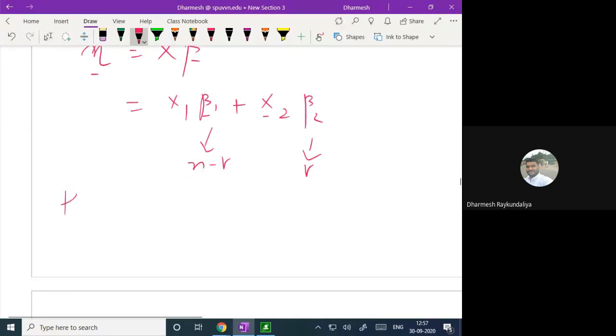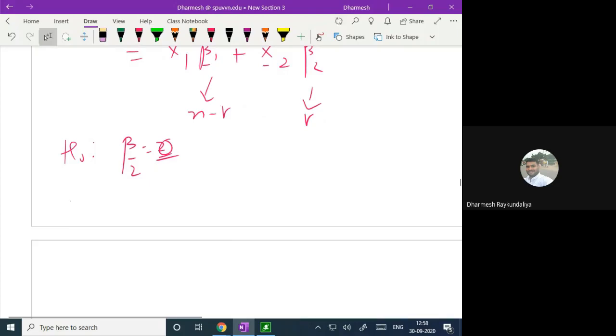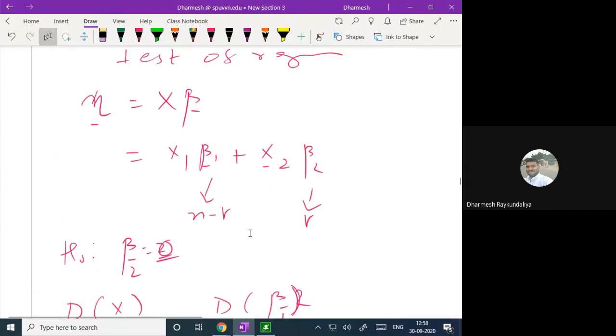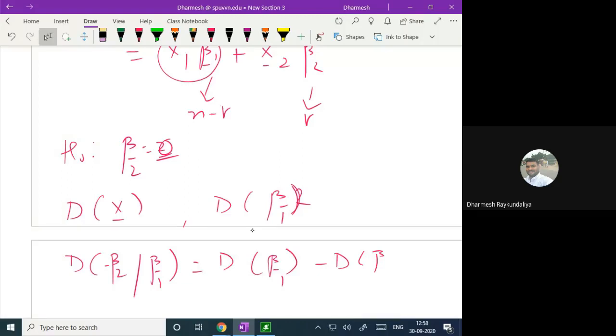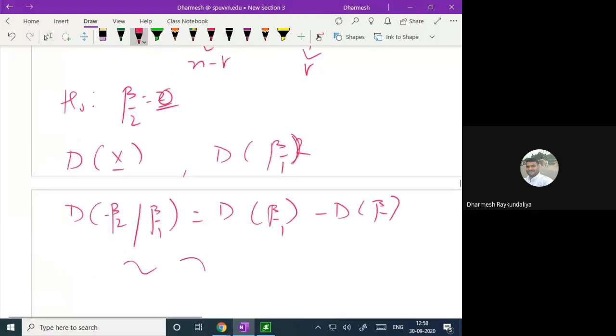If I am interested to test beta 2 equal to 0, that means there is no impact of the last r regressors. Under H naught beta 2 equal to 0, so we calculate the deviance of beta 1. Of course it has fewer parameters, so its deviance is higher than the full model. So we will calculate the deviance of beta 2 given beta 1 as the deviance of beta 1 minus the deviance of the full model, and it has a chi-square distribution with r degrees of freedom.